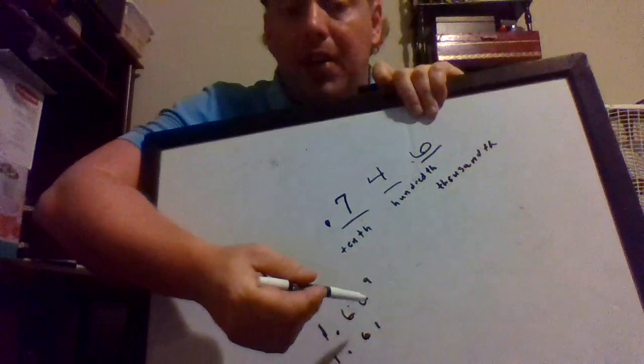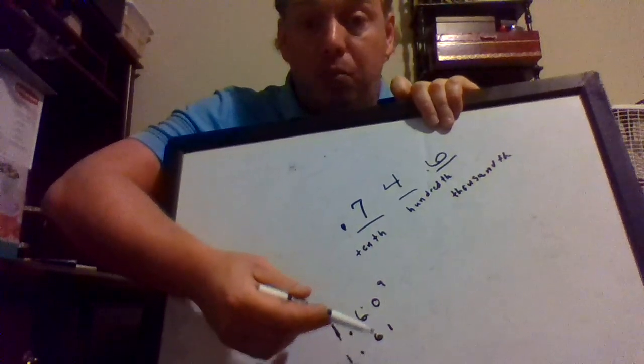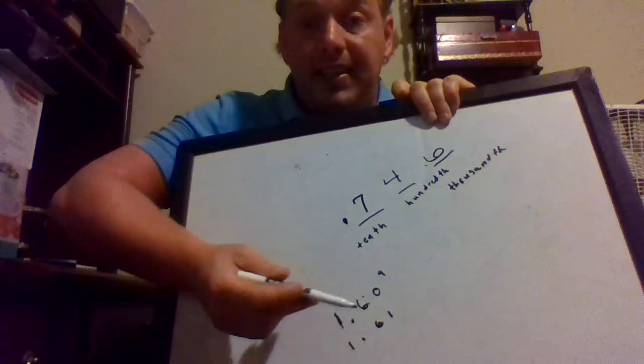So, while this says 1.609 or 160, what you're really paying, because we rounded that zero up, is 1.61 or 161.